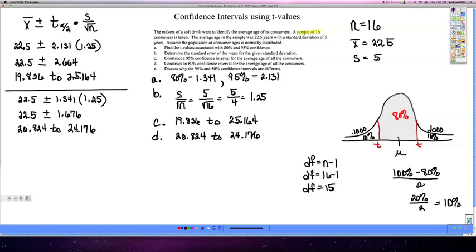Now, once again, we're talking about why the more confidence we desire in our interval, the wider our interval has to be. And for instance, here, let's revisit a couple of things.